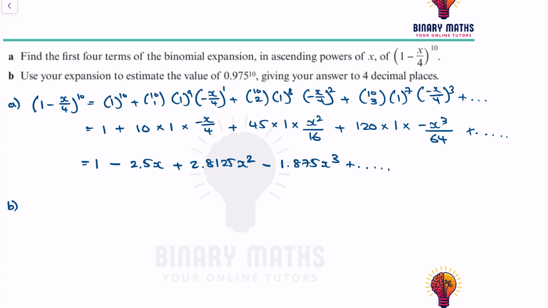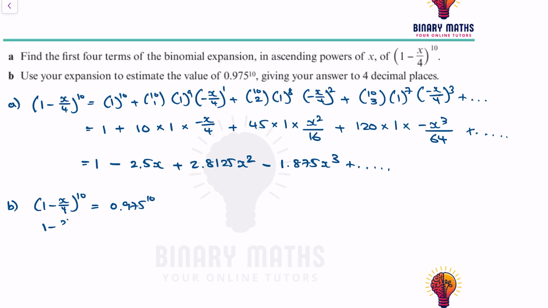B, use your expansion to estimate the value of 0.975 to the power of 10, giving your answer to 4 decimal places. So what we're trying to use is 1 minus x over 4 to the power of 10 to give us an approximation for 0.975 to the power of 10. Now, if we expanded and got all the terms, it would give us an actual answer. Obviously, if we're going to use our estimate, we're going to get an estimate.